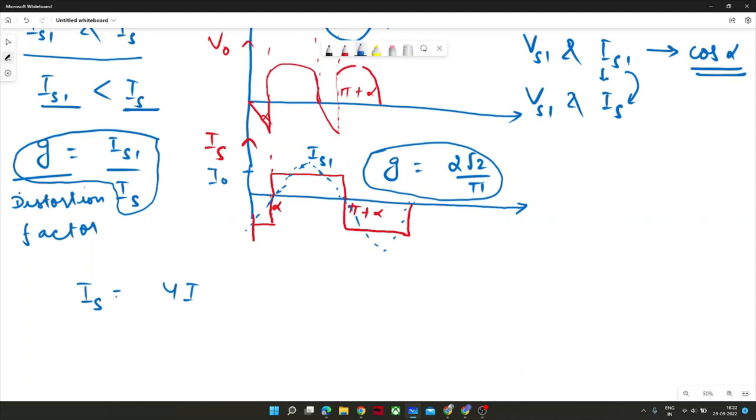Is would be the summation for n equal to 1, 3, 5 to infinity of 4 I naught by n pi sine of n omega t minus n alpha.